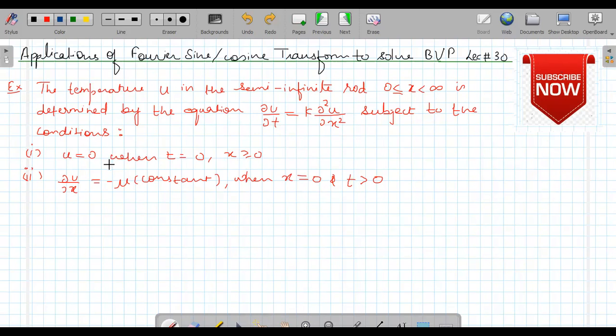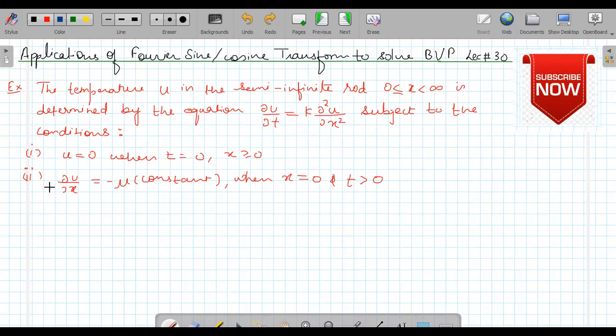That means the meaning of the first condition is that the temperature is 0 when time is 0 and X is greater than or equal to 0, means initially the temperature is 0 in the rod.